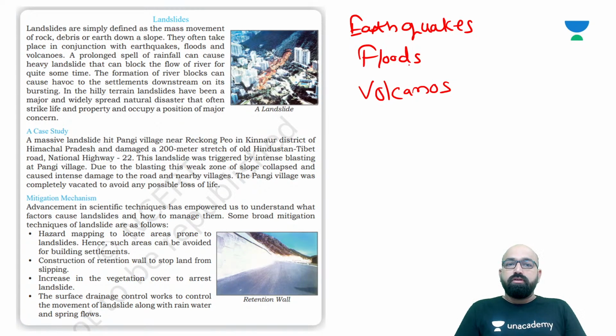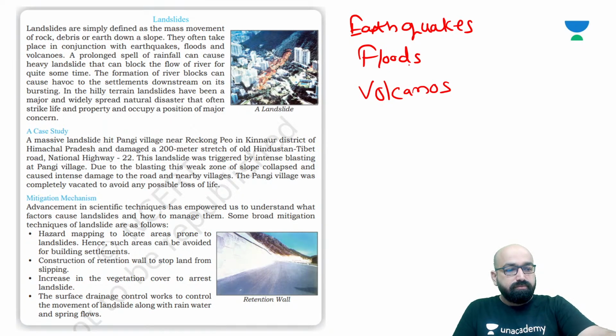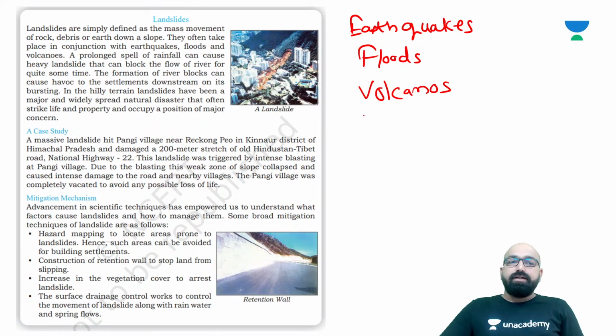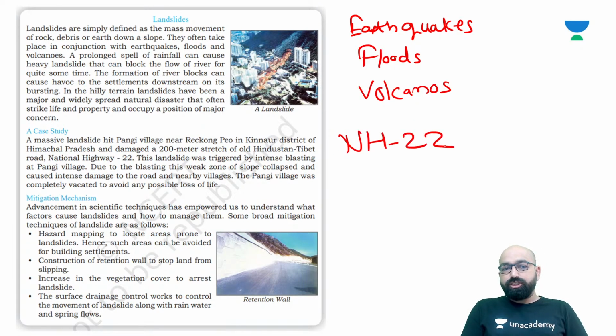So this is about landslides. Now, friends, there is a case study given in the book. A massive landslide hit Pangi village near Rekongpeo in Kinnaur district of Himachal Pradesh. It damaged a 200-meter stretch of the Hindustan-Tibet road, that is National Highway 22.